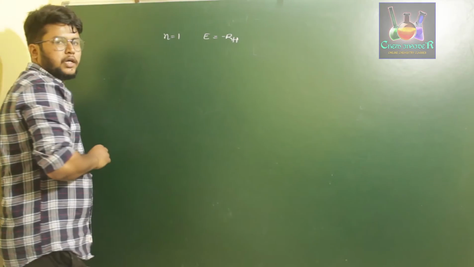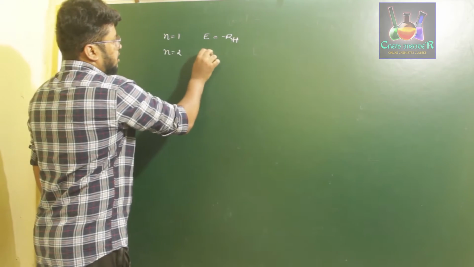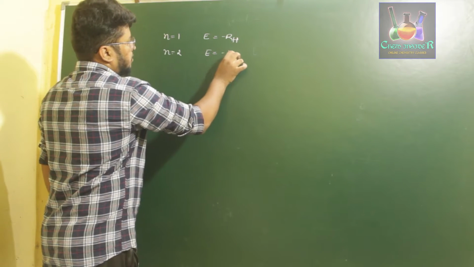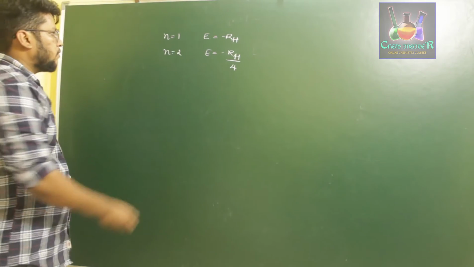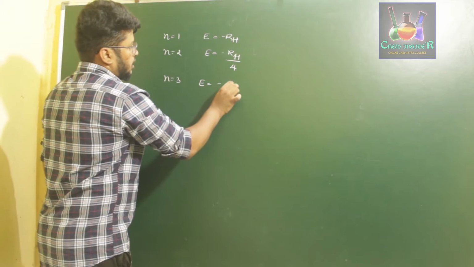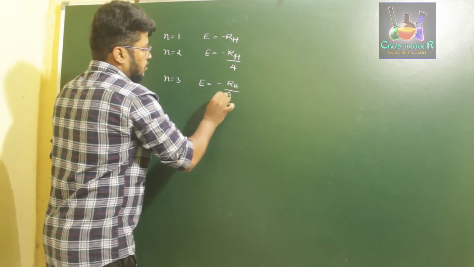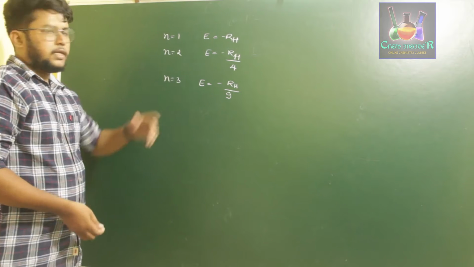For n is equal to 1, energy will be equal to minus RH. For n is equal to 2, energy will be equal to minus RH by 4, because 2 square. When n is equal to 3, energy will be equal to minus RH by 9. So clearly, with increasing principal quantum number, energy will be increasing towards zero, that is, becoming less negative.